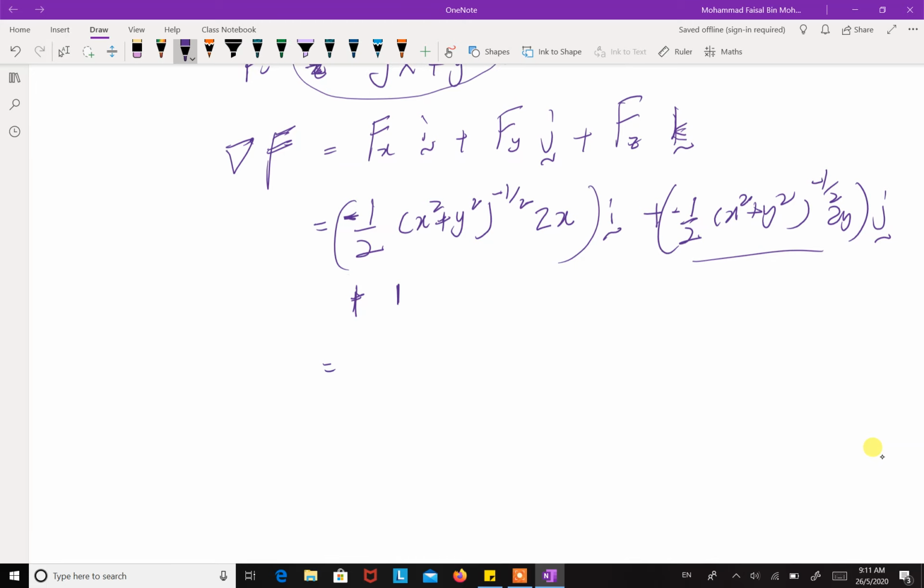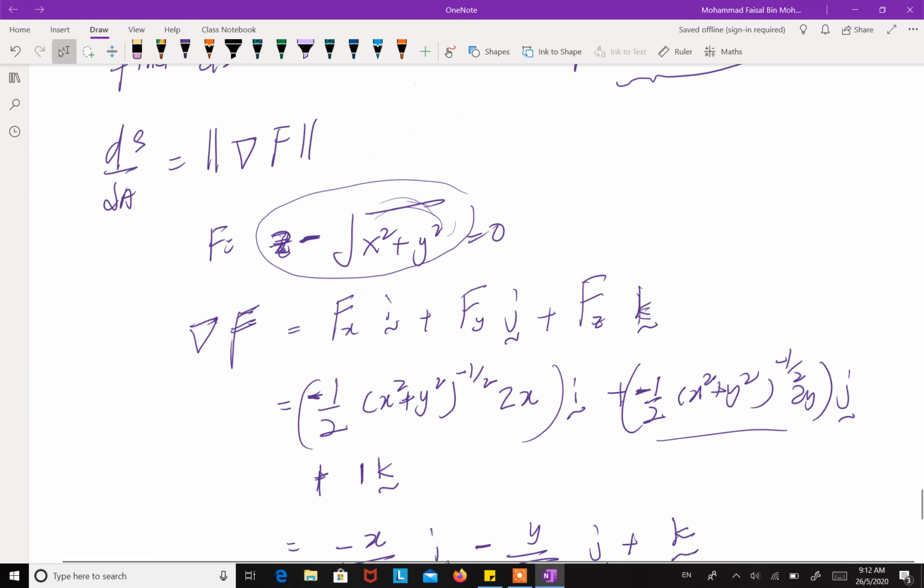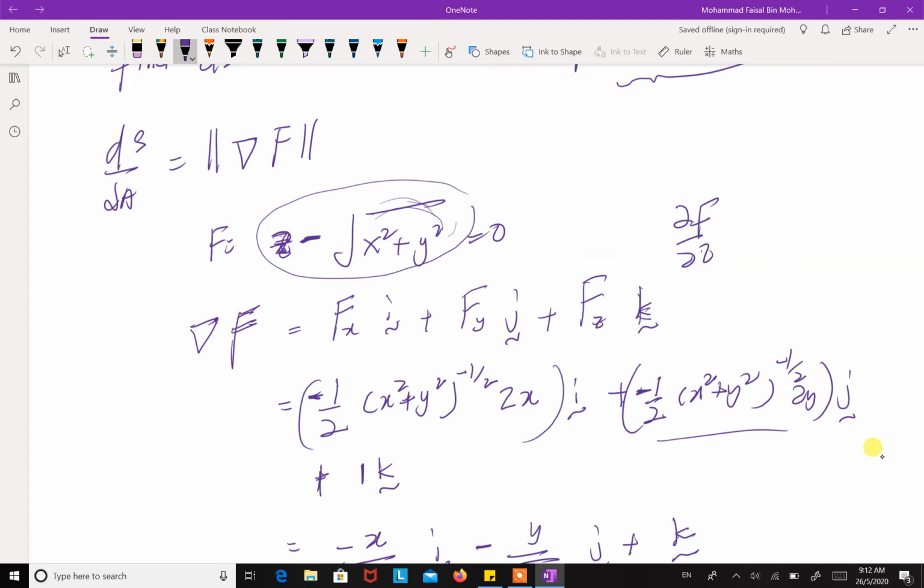So simplify this, you will get negative x over square root x squared plus y squared i plus, or we can say minus, minus y over square root x squared plus y squared j, and plus k. I should put k here. Okay. So dS will be magnitude of gradient f dA. Okay, remember again, del f del z will be 1.